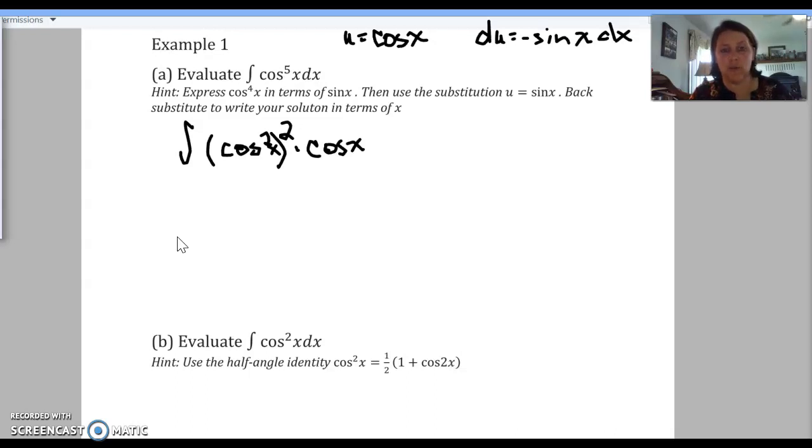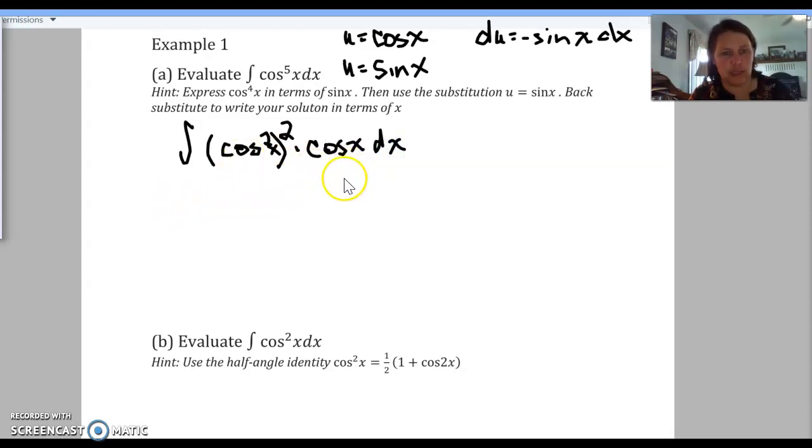The reason I want this cosine squared is because I can rewrite that as 1 minus sine squared x. And then we know that if we can do a substitution, in this case we're going to end up doing a substitution of sine x. We don't have a sine yet, so that's kind of hard to see, but that's where we're headed. Okay, so we've got this written.